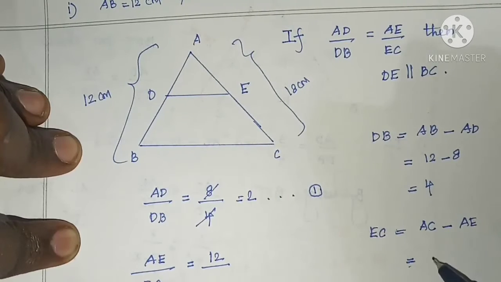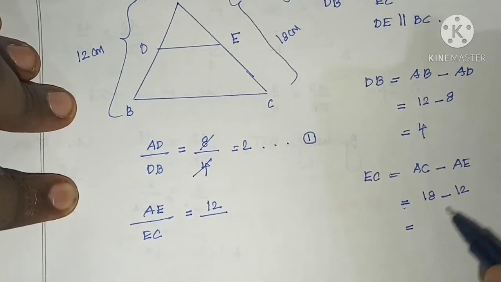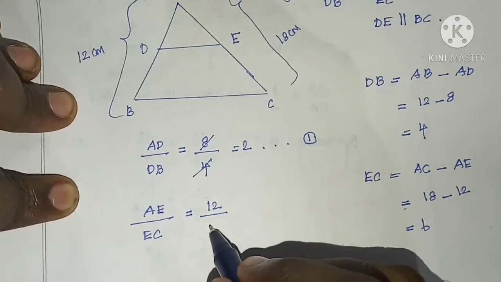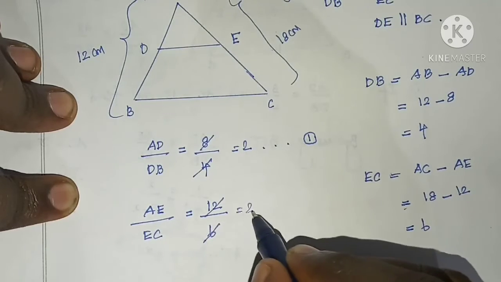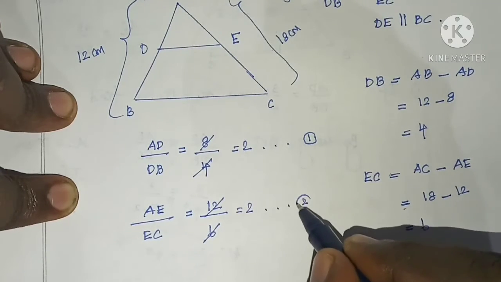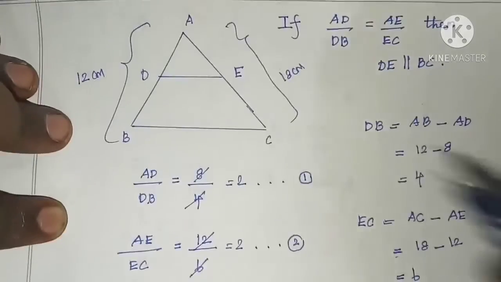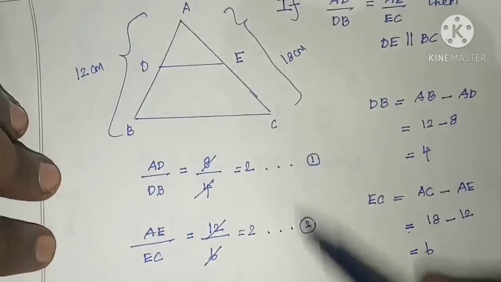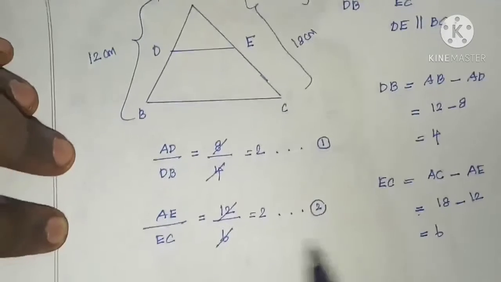AC is equal to 18 minus AE equal to 12. So what do we get? 18 minus 12 is equal to 6. Consider as 2. From 1 and 2 we got LHS is equal to RHS.